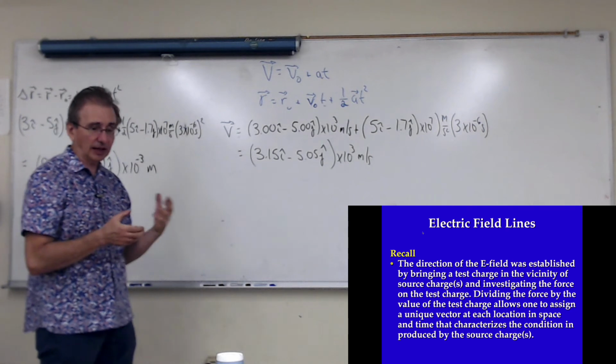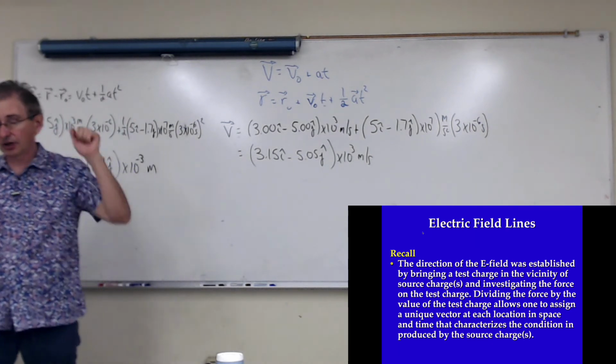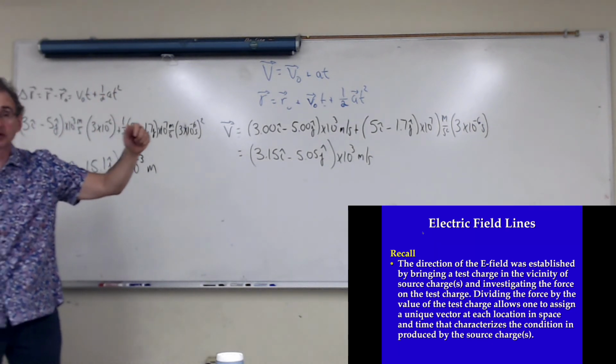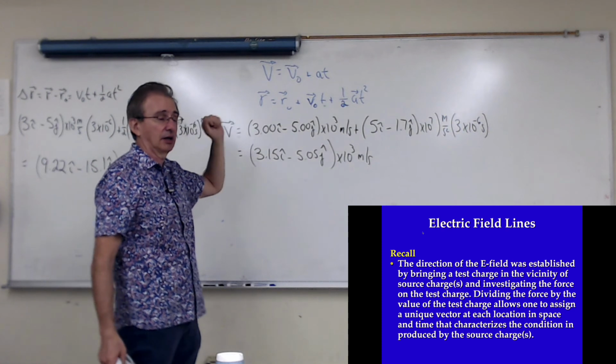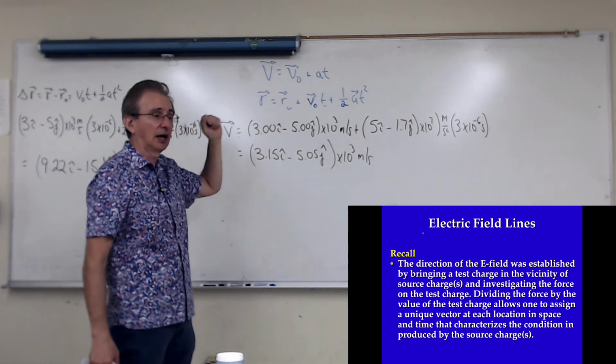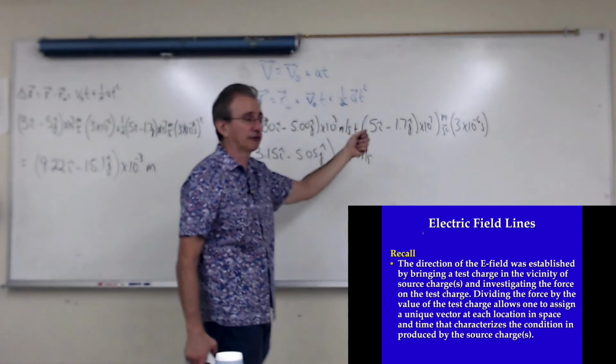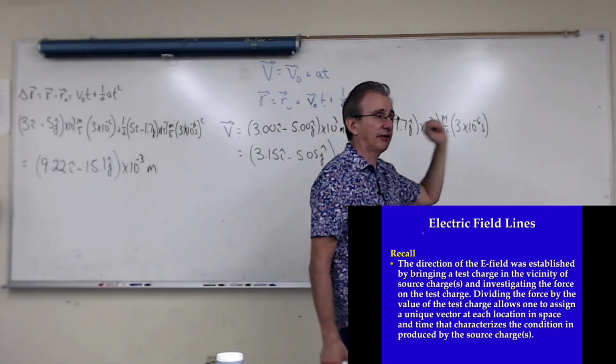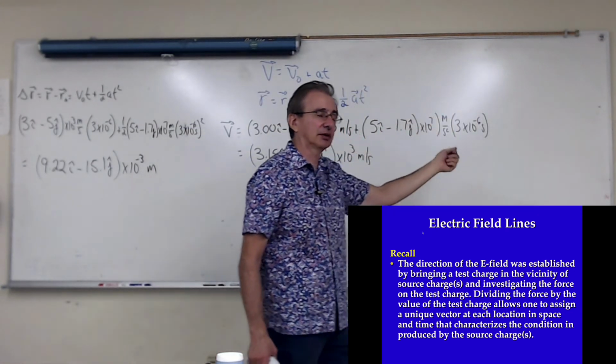Right, I did that little thought experiment where I had a source charge, I placed it in space, and I brought a test charge in its vicinity. I determined the direction of the force on that test charge, divided by the test charge, and that gave me the direction of the electric field.